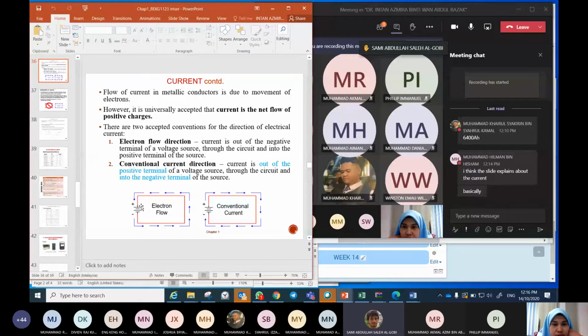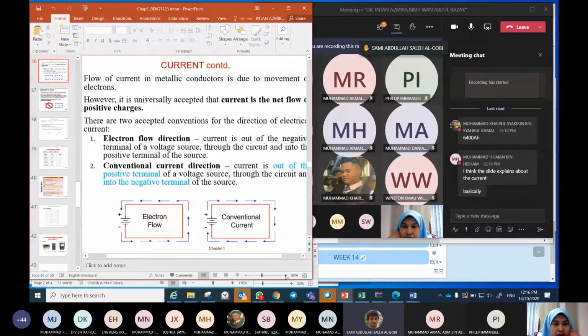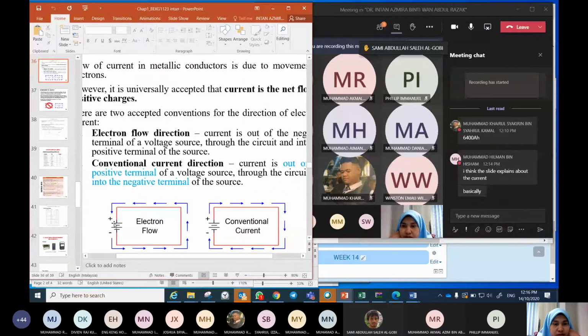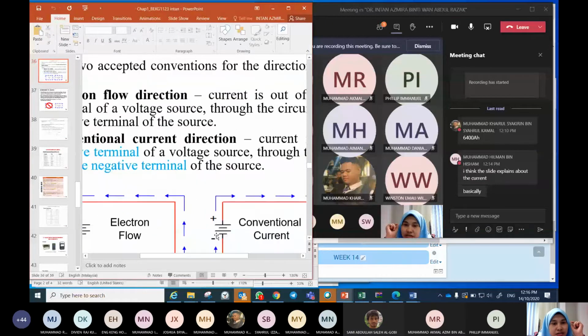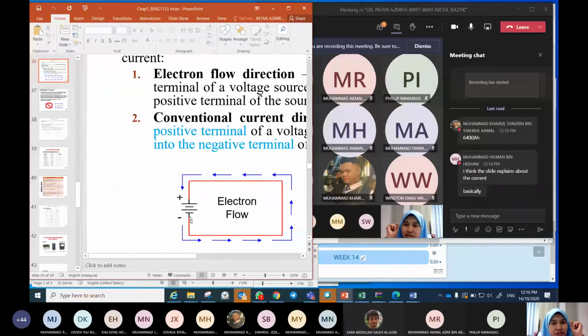So the shorter sign here indicates the negative terminal.